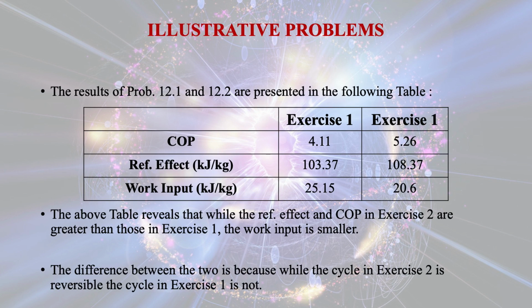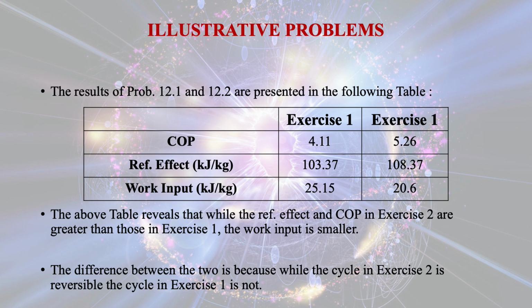The results of exercise 1 and exercise 2 are presented in the table. The COP for exercise 1 is 4.11, but for exercise 2 it is 5.26. The refrigerating effect for exercise 1 is 103.37, but for exercise 2 it is 108.37. The work input for exercise 1 is 25.15 and for exercise 2 it is 20.6.